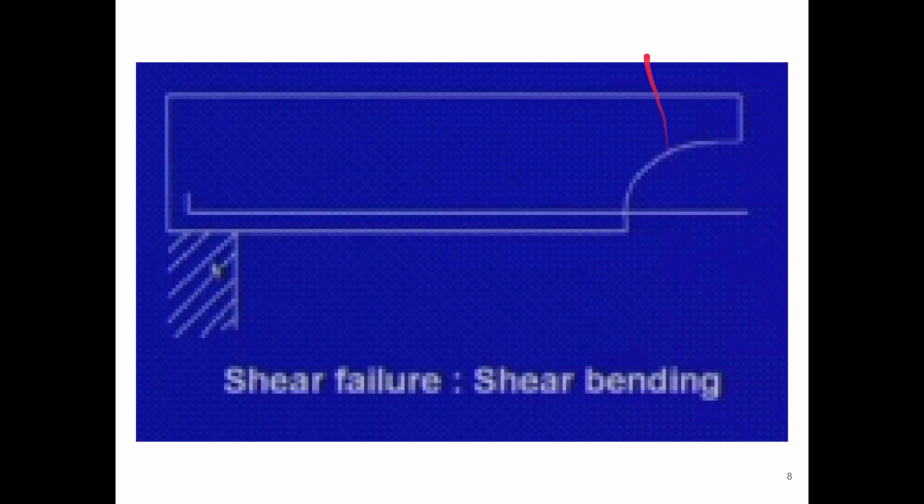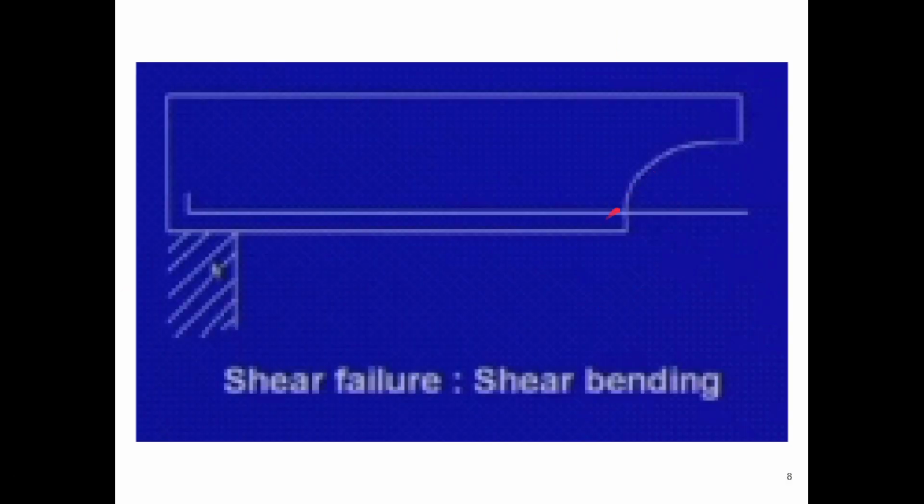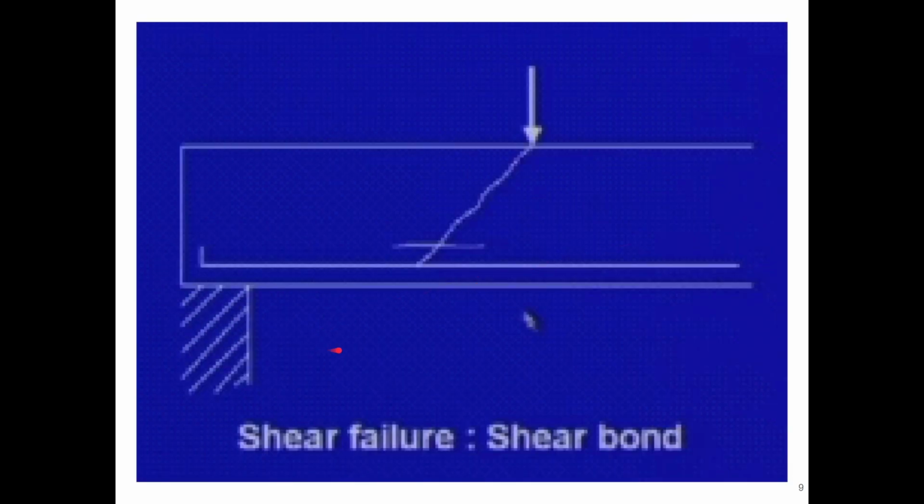The cracks will be bending cracks, flexural cracks, whereas near the supports they will be shear cracks. These shear cracks are basically 45 degrees, whereas the flexural cracks are basically 90 degrees.